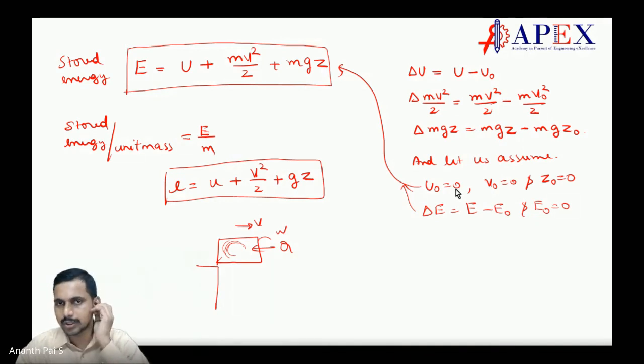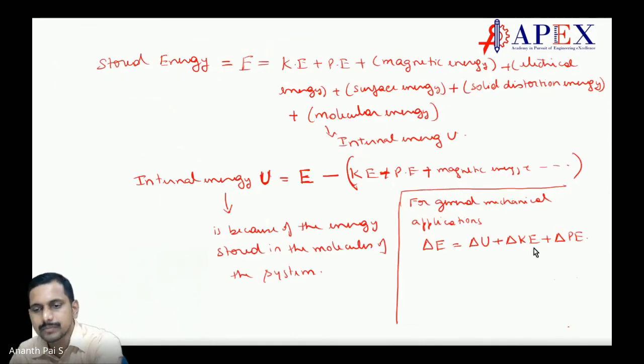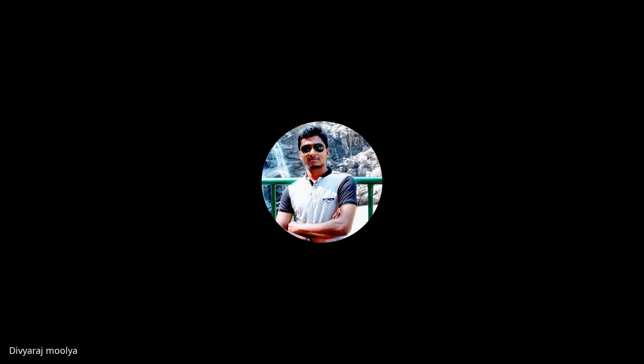Internal energy goes to zero only at absolute zero temperature. How internal energy is important, we will see one by one. V naught is equal to zero, z naught is equal to zero. Similarly, delta E, we are taking E minus E naught, and E naught is equal to zero. Then we get this from here. Make sense? Yes, sir.